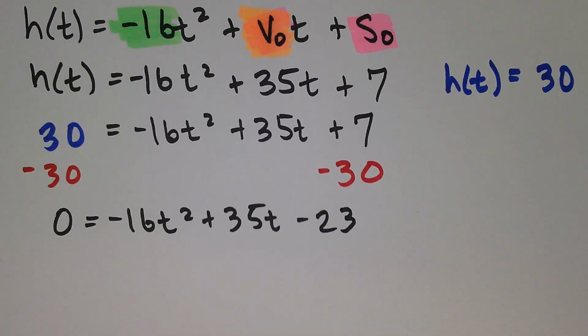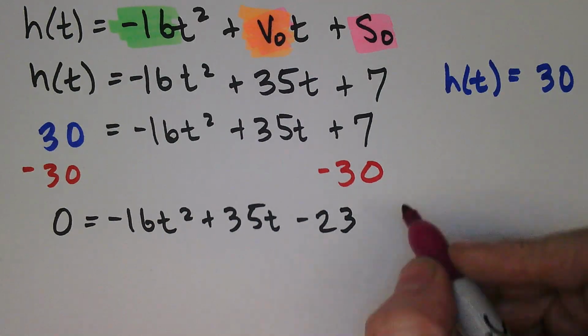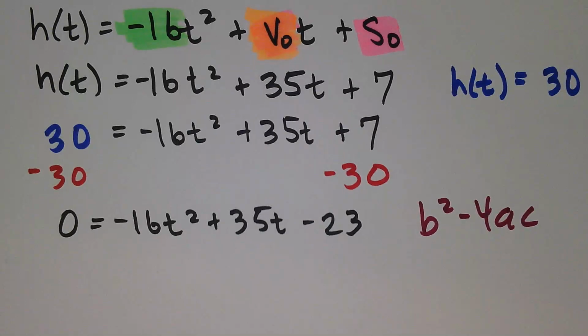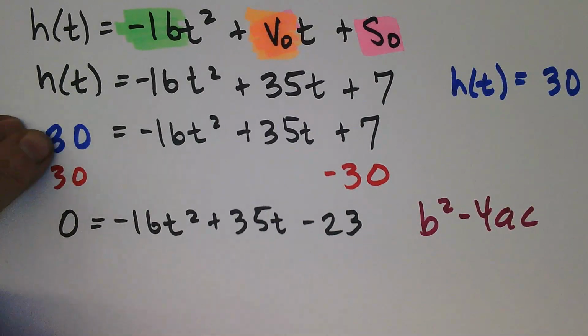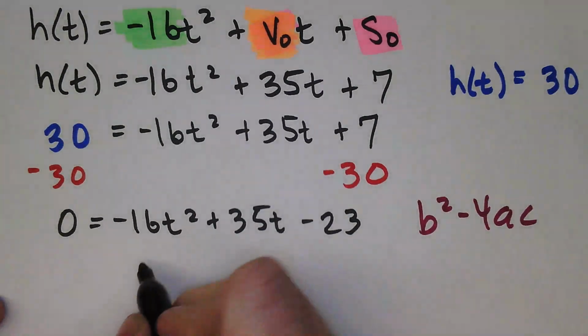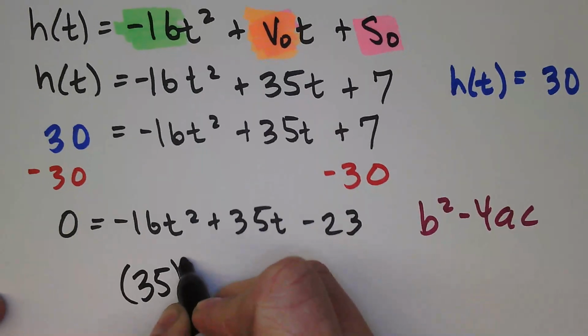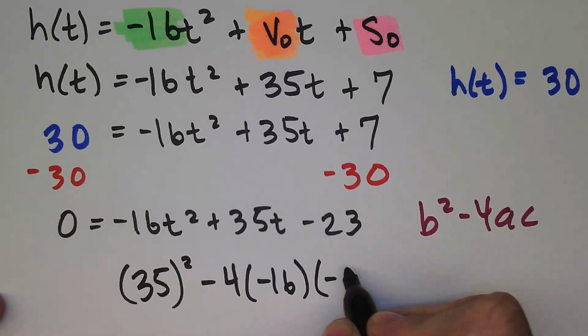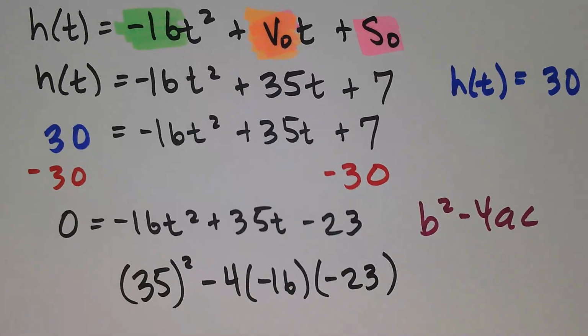So the only thing we need to do here is the discriminant, b squared minus 4ac. This is the part of the quadratic formula that will tell you if you have real solutions, if the 30 is going to work here. So we will do our b squared, 35 squared, minus 4 times the a value of negative 16 times the c value of negative 23.